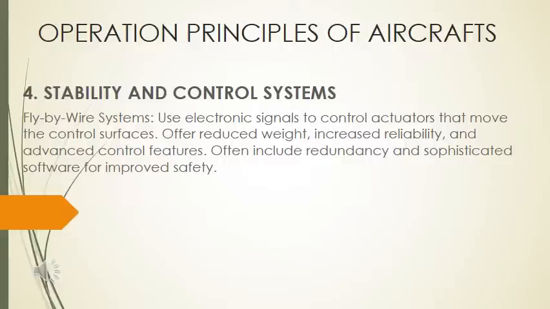Fly-by-wire systems: the use of electronic signals to control actuators that move the control surfaces. They offer reduced weight, increased reliability, and advanced control features. They often include redundancy and sophisticated software for improved safety.